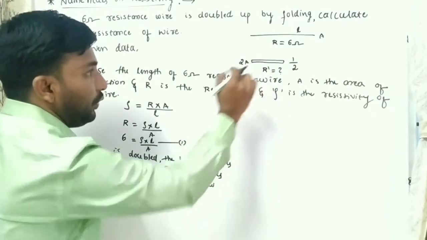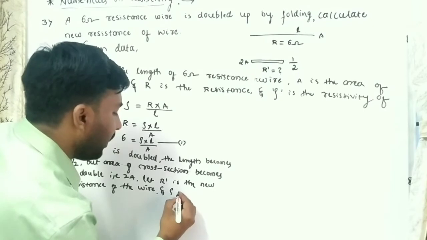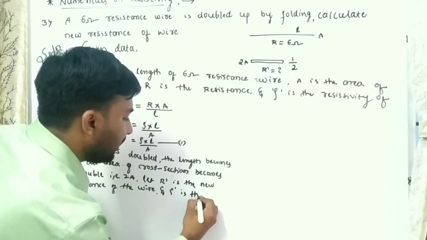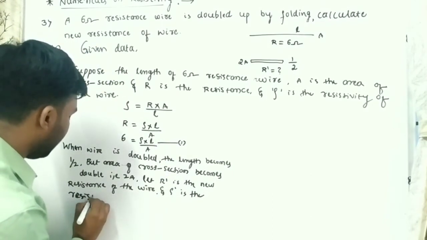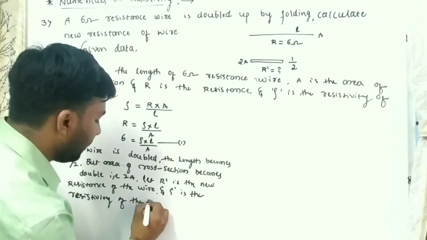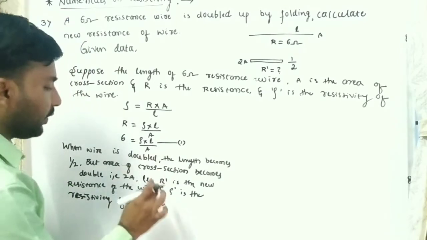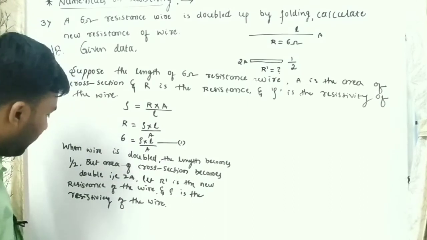R dash is the new resistance of the wire, and rho is the resistivity of the wire. Okay, so you can take rho only, no need to take rho dash.